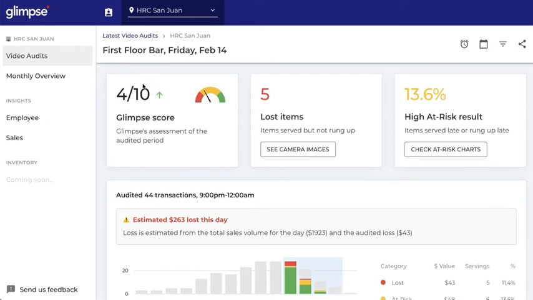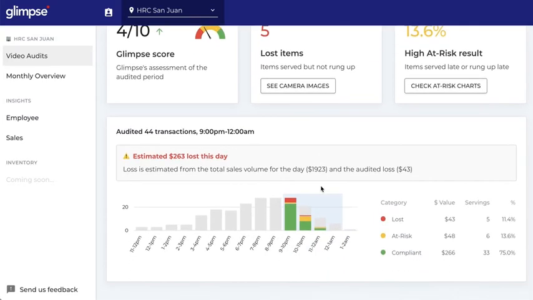The score typically goes from 1 to 10 and is comprised of values related to the dollars lost, the amount of items or servings that were lost within that audit, the at-risk dollar value, and the amount of at-risk items that were recorded on the POS outside of the standard operating procedure.